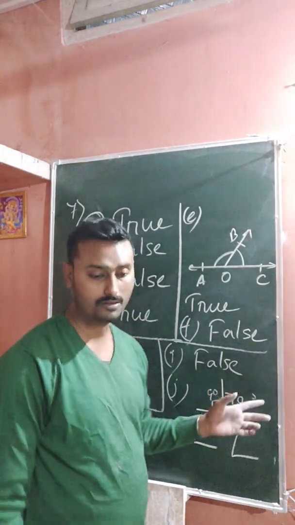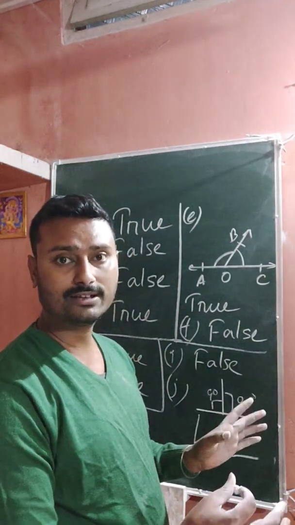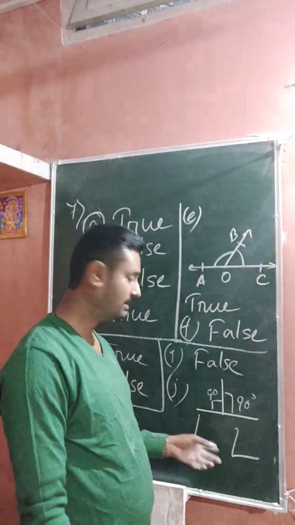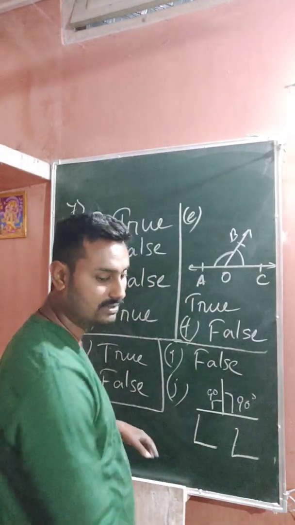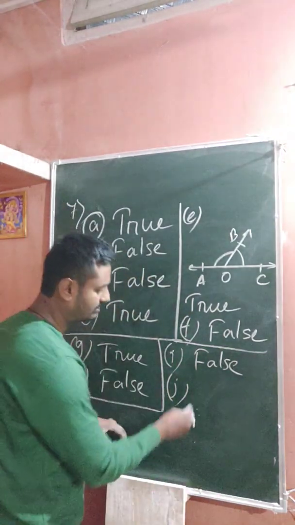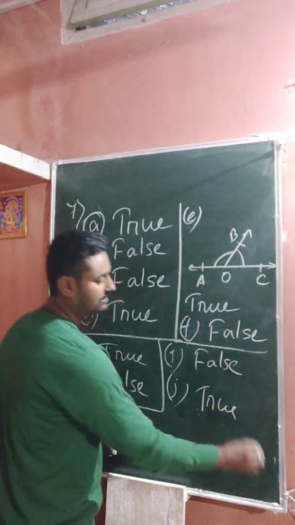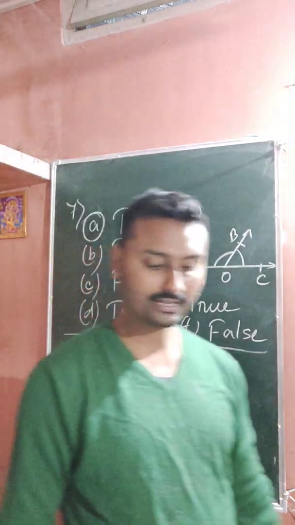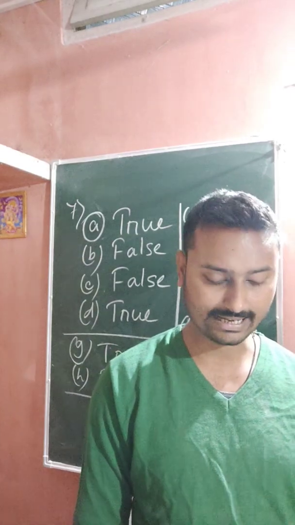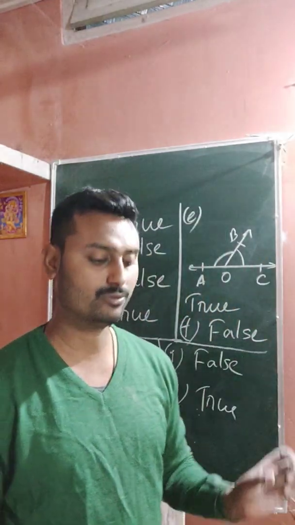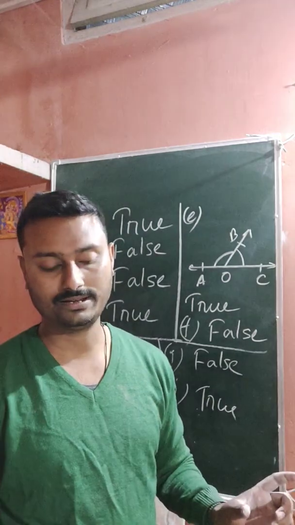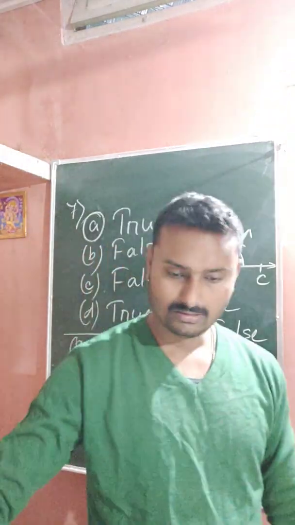The sum of two right angles is always 180 degrees, so they are always supplementary. But the question is incomplete. In some way it is correct, but the main sentence must be that two right angles must be adjacent to form a linear pair. Okay, thank you.